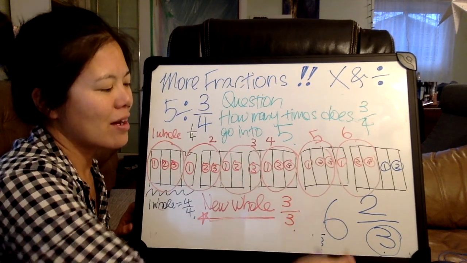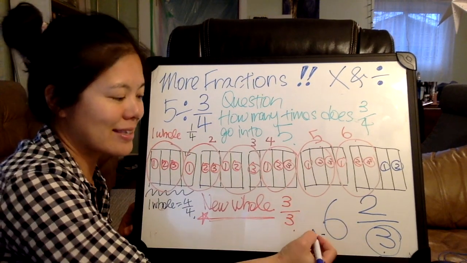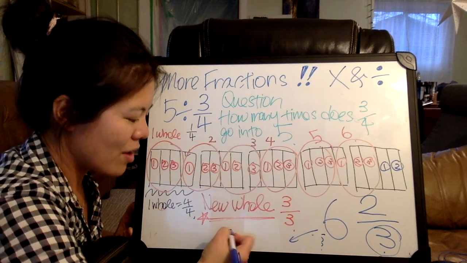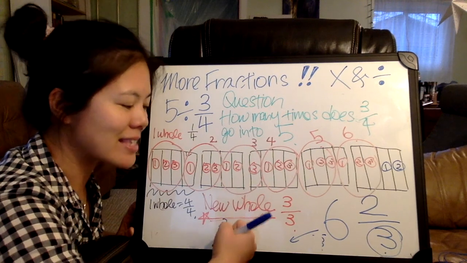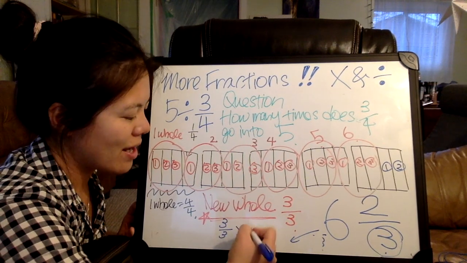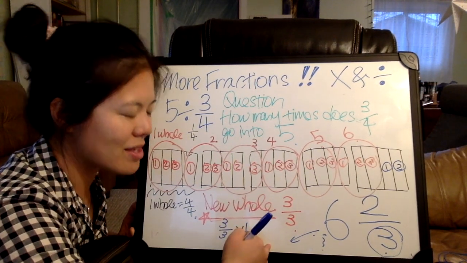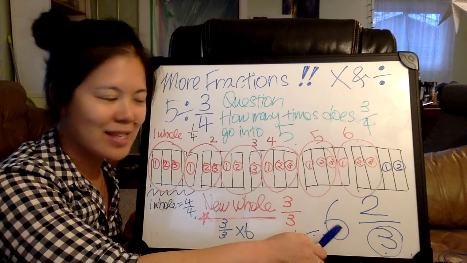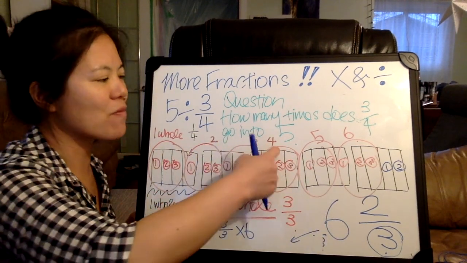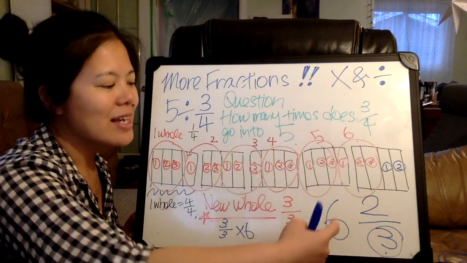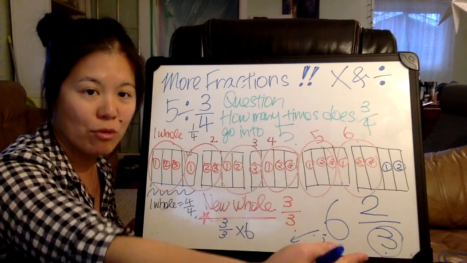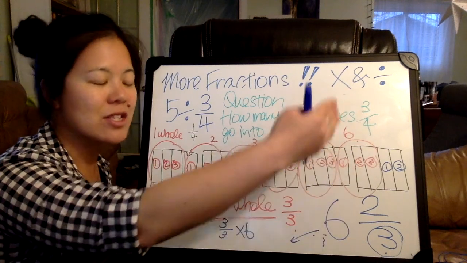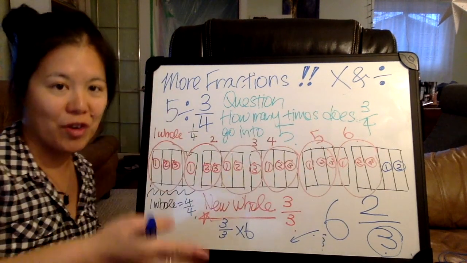I have 6 wholes, and I have 2 pieces out of 3. So the answer is going to be 6 and 2/3.